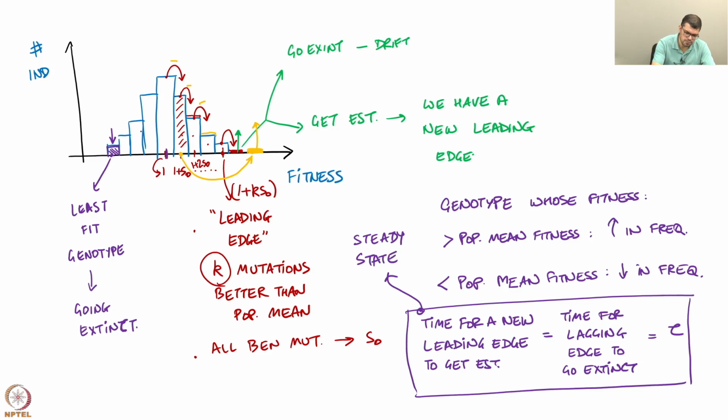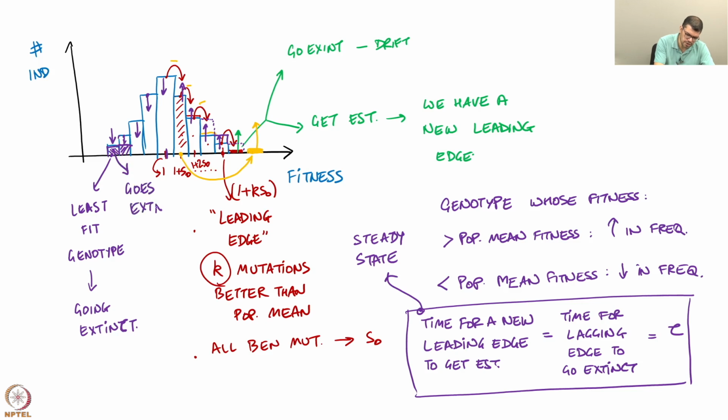So, this is what I am looking at right now, but after tau time, a new leading edge will come up here. This old leading edge would have increased in numbers and maybe gone to these numbers. This would have increased, this would have increased, this would start to decrease, this would definitely go down, this would go down, and this genotype would also go down and come to this number, and the lagging edge in the previous window goes extinct.